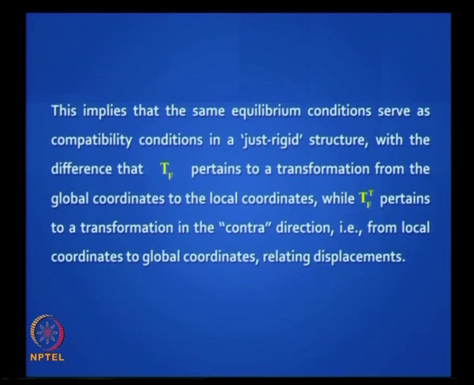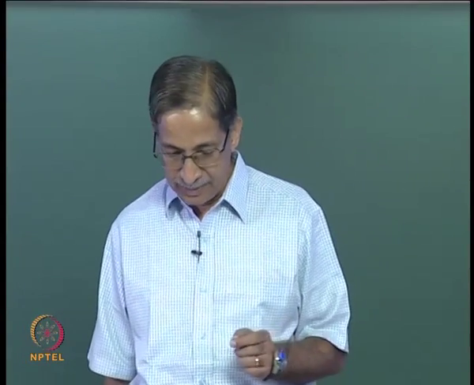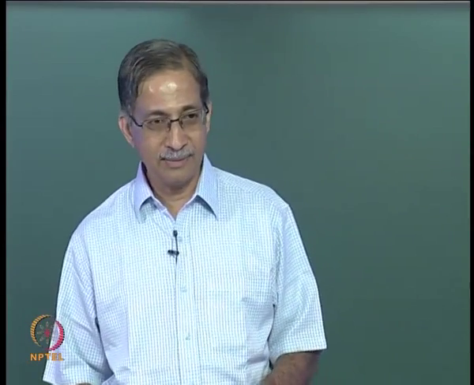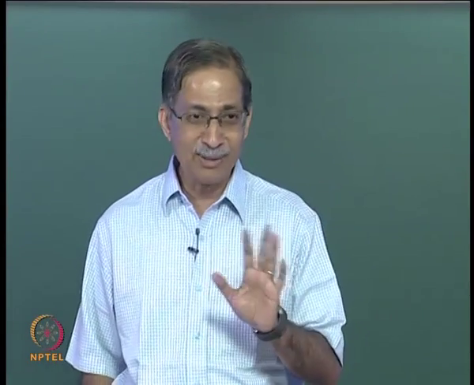This implies that the same equilibrium conditions serve as compatibility conditions in a just rigid structure, with the difference that TF pertains to a transformation from the global coordinates to the local coordinates, while TF transpose pertains to a transformation in the opposite direction, in the contra gradient direction, that is from local to global when you are relating displacements. So you see, you will never forget the contra gradient principle.